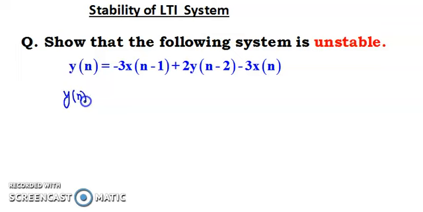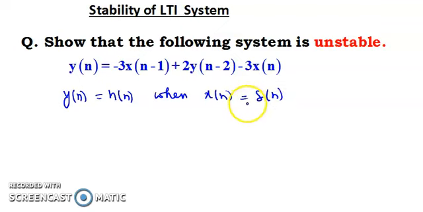y[n] is equal to h[n] when x[n] is equal to delta[n]. So when we have the input as the impulse function delta[n], the output becomes the impulse response h[n].